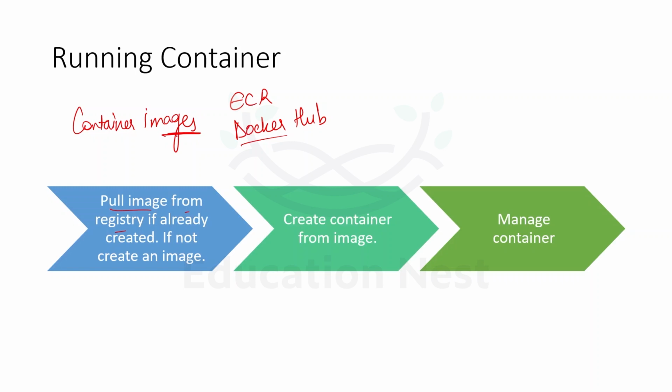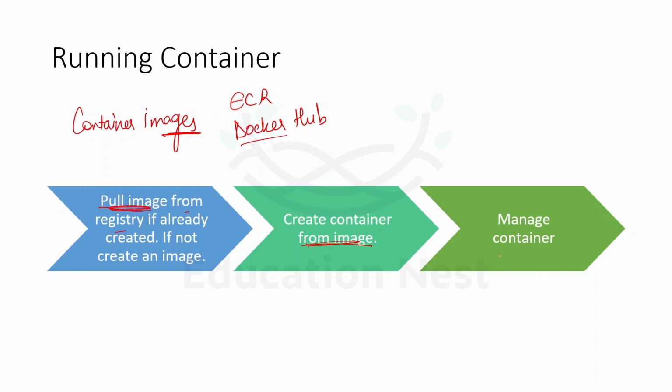Once we have created this particular image, we will be storing that image in those registries. If we want to create containers, we have to pull the images from the registry if they are already created. If not, we can create an image and put it into the registry. From that image, we can create the container.